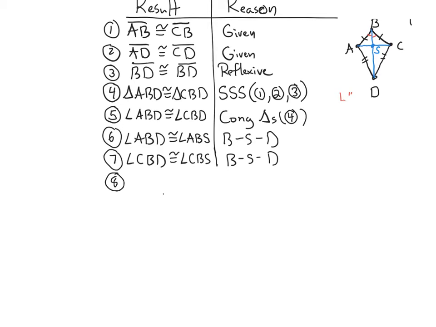And we need that angle ABS is congruent to angle CBS. And we know that, well, we know ABD and CBD are congruent, and ABD is the same as ABS, CBD is the same as CBS, so obviously ABS and CBS are congruent, and we know that by transitivity.